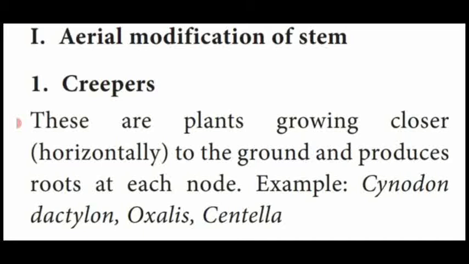So dear students, the first type of aerial modification is creeper. That means to creep on the ground: the stem portion which grows horizontally at the ground level or closer to the ground. Whenever it touches the ground region, it produces roots into the soil.